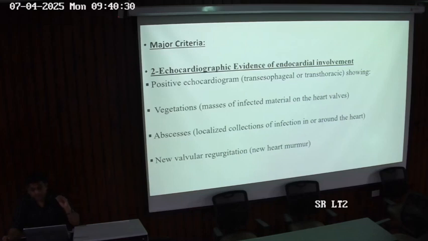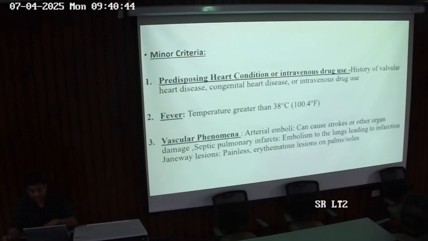So the vegetation can be seen easily by echo. Masses of infected material, abscess can be identified, or new valvular regurgitation, a new heart murmur can be identified on the echo. So both echo and blood culture are included in major criteria.